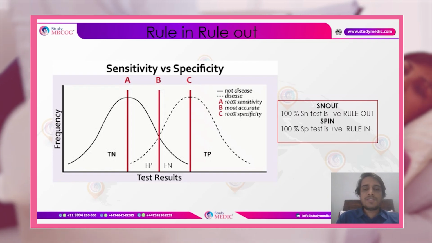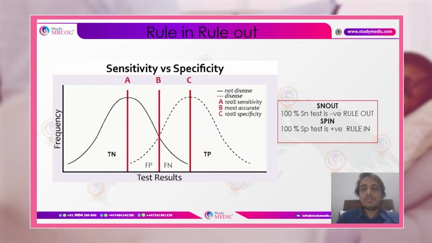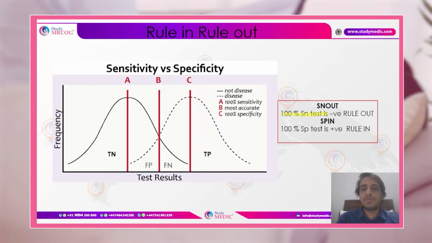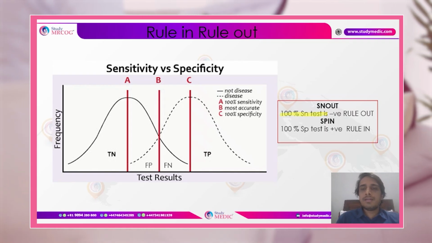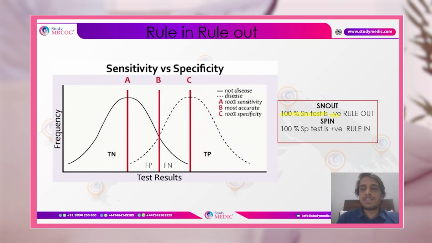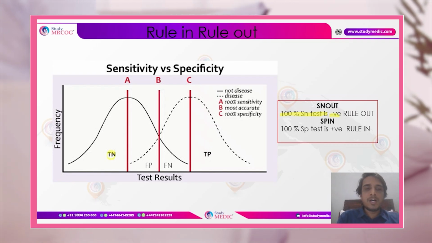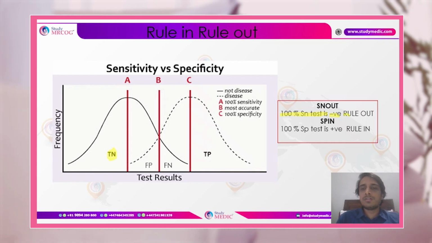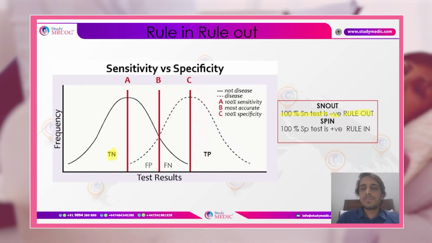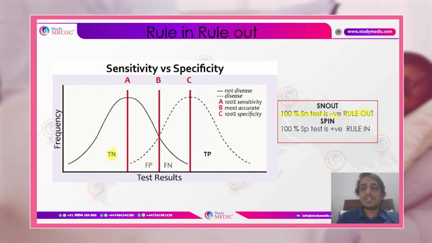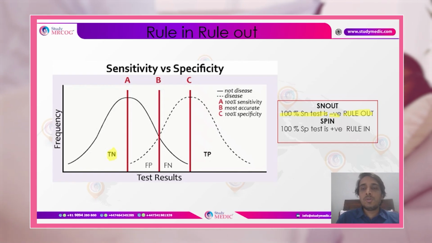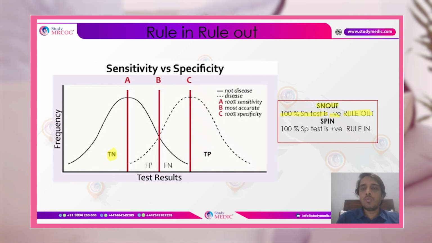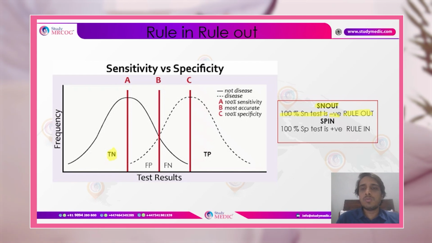If a test is 100% sensitive, that means it is a highly sensitive test, and it gives a negative result, that means all are true negative. So it is best to rule out a disease. For a highly sensitive test, when it gives negative, it is best to rule out a disease. So it is SNOUT: sensitive test, negative, rule out disease.